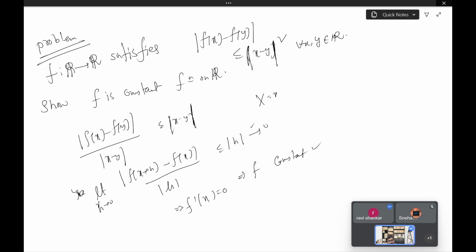In terms of x, we have put y equal to x and x equal to x plus h, right? Correct. Yes, that also we can do. Okay. Yes, sir.